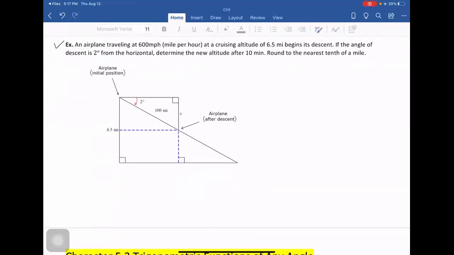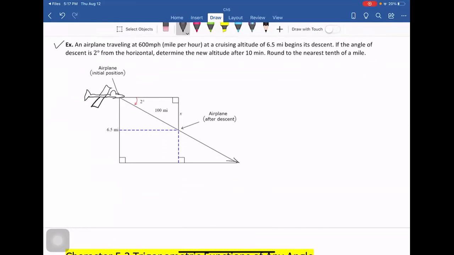So the airplane is here. Maybe the airplane looks like this. It's flying in this direction. What do they provide us? They tell us the height of the airplane is 6.5 miles, and the angle here is 2 degrees.